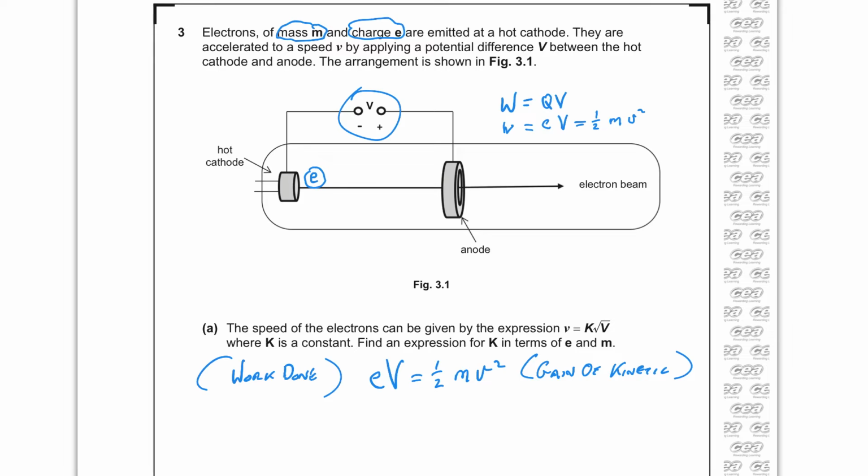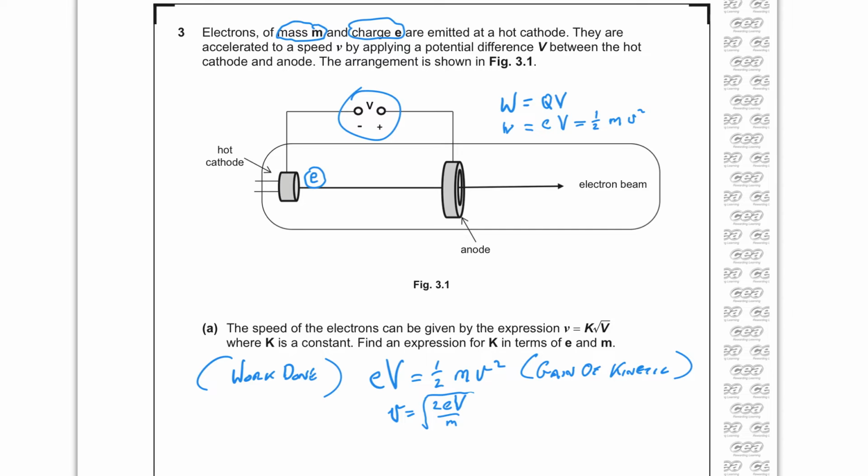And then you just rearrange that to get v on its own, and you should be able to see what k is. So to get rid of the half, we're going to need to multiply both sides by 2. To get rid of the m, we're going to need to divide both sides by m, and then to get rid of the squared on the v, we'll need to take the square root. So 2 times eV over m, and then the square root of that is going to be a value for v.